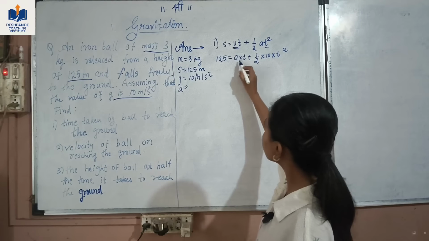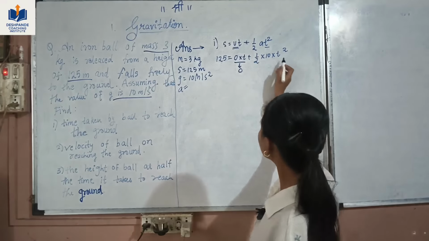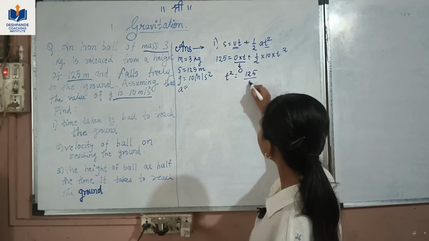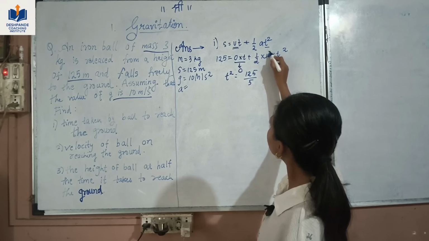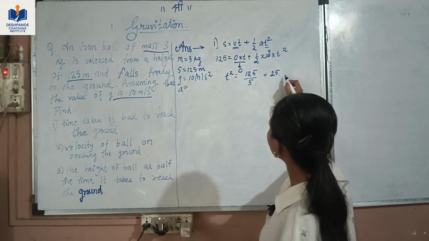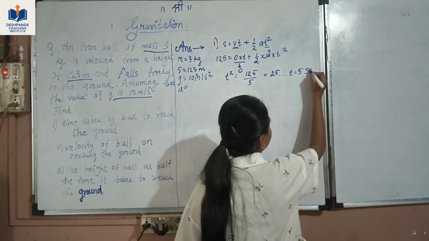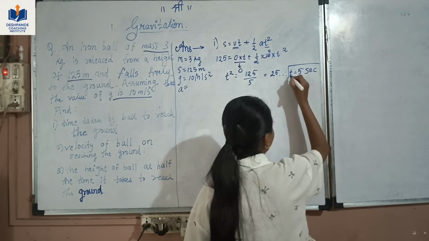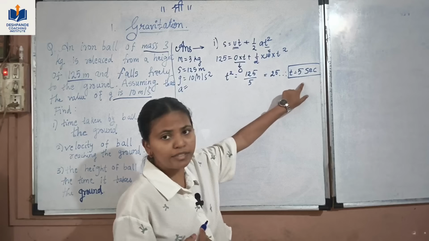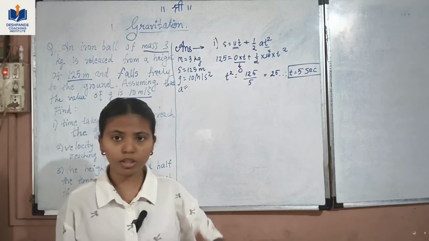Now if we solve this equation, this term turns out to be 0 and we get t square is equal to 125 upon 5, because 2 5s are 10. This 5 will come here and t square is equal to 25. Therefore, t is equal to 5 seconds. Don't forget the unit. The unit is very important. So, t is equal to 5 seconds. So, we have calculated the time needed for the ball to reach the ground.